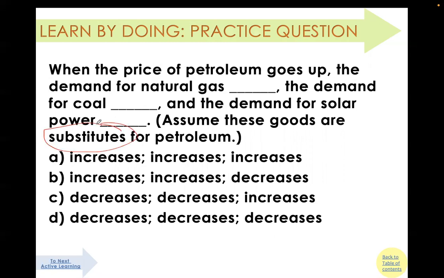They are substitutable in terms of generating energy. Now, if the price of one good goes up, and they're substitutes, then the quantity of the other goods will go up as well, because you're going to consume more of the other goods, which become relatively cheaper. Hence, the answer is going to be A. Your demand for natural gas, coal, or solar power is going to go up in response to a rising price of petroleum.